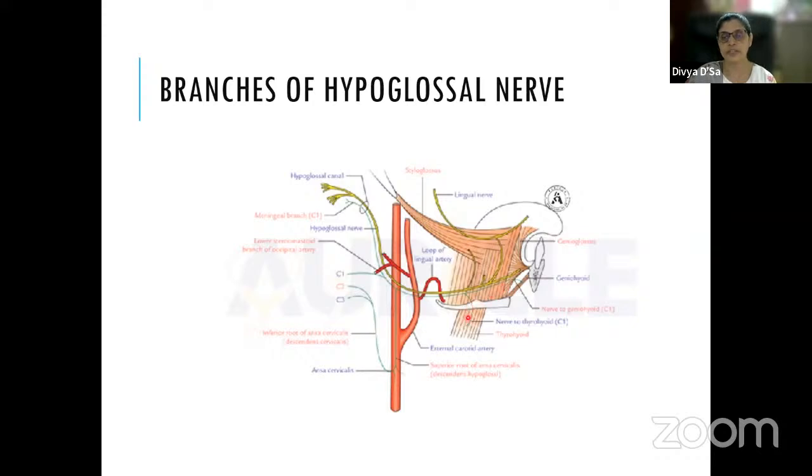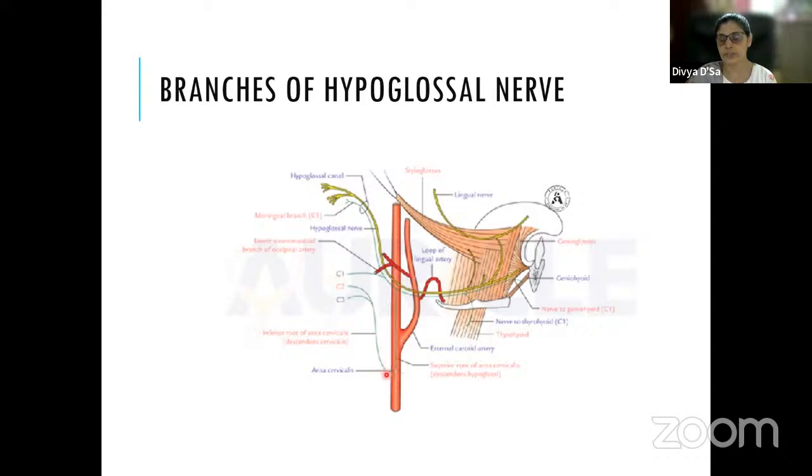If you see here, it is giving the nerve to the thyrohyoid. Then it is supplying the styloglossus muscle, then genioglossus, hyoglossus, and palatoglossus, all the muscles. It also joins with the C1 nerve and forms the superior root of the ansa cervicalis, known as the descendens hypoglossi.